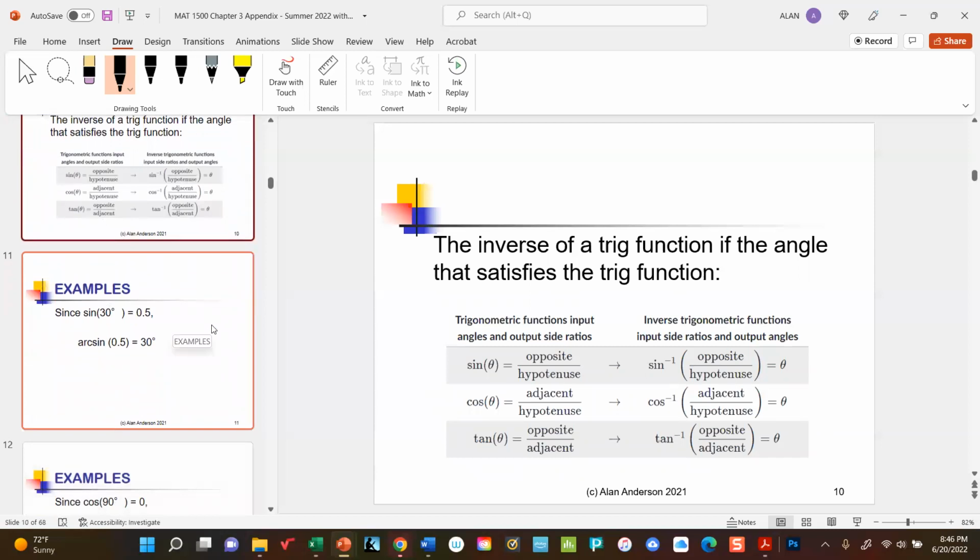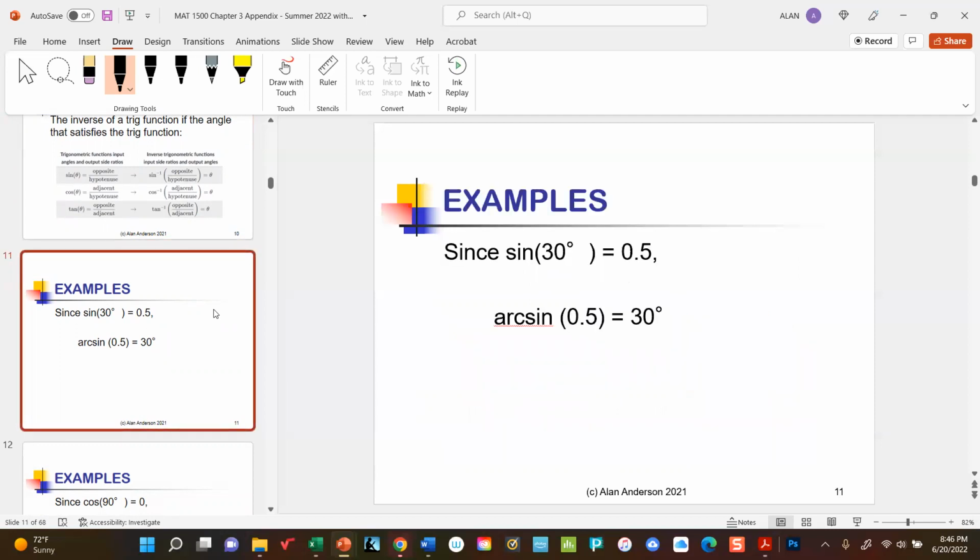All right, so here I put together some actual numerical examples. Again, just to reinforce the idea of what this means. For example, if the sine of 30 is a half, the arc sine of a half is 30. You're basically reversing the two. Okay, then we have a cosine example.